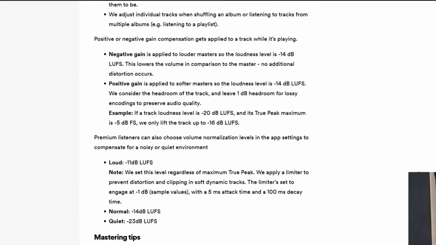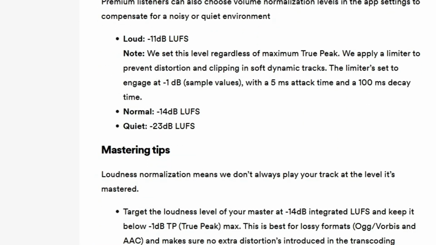Now, this is something that is very, very important, because it says premium listeners can choose volume normalization levels in the app settings to compensate for a noisy or quiet environment. So what does this mean? If you set the loudness level to loud, it will normalize to minus 11 LUFS. We set this level regardless of maximum true peak.